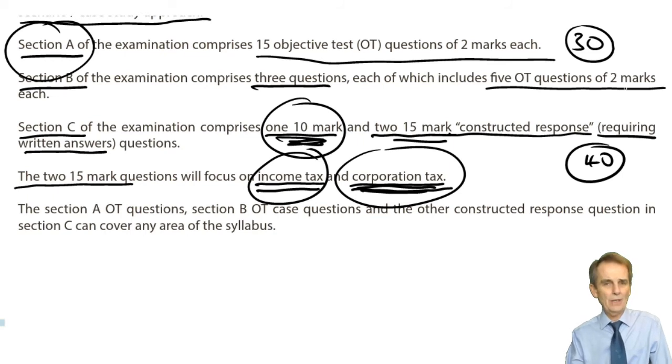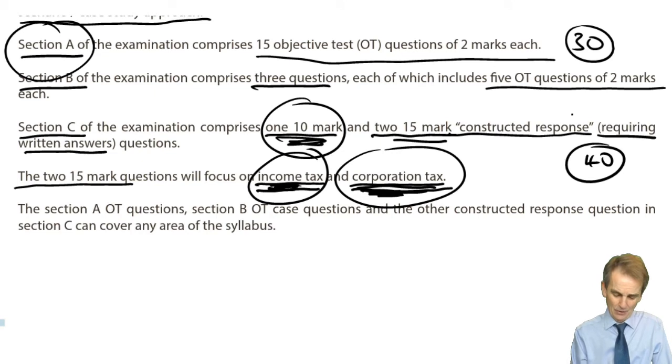But let's think what's going to be tested here, or probably is going to be tested here. And we've got income tax, we've got corporation tax. In terms of the 10 mark, it could be a bit of everything, say including national insurance contributions. Section A is a mix of everything. Again, it could be every tax there.